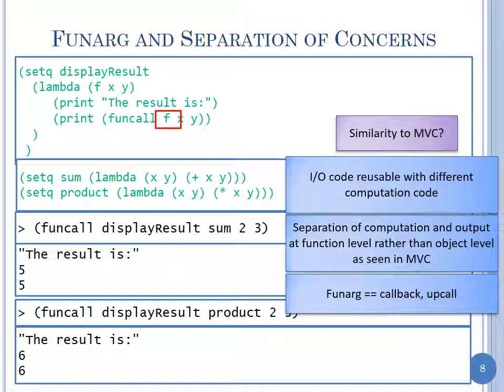In systems, this is called an upcall: the lower layer can call code in the upper layer without knowing anything about it, by being passed dynamically a function that it knew nothing about, which it calls. So this is not as alien as it might seem, this whole idea of passing functions.